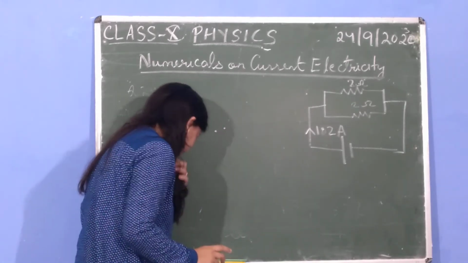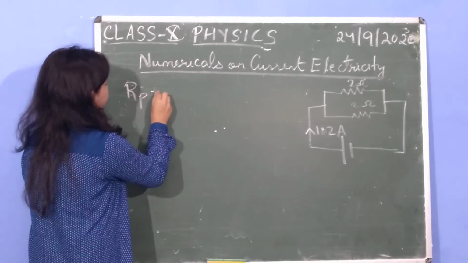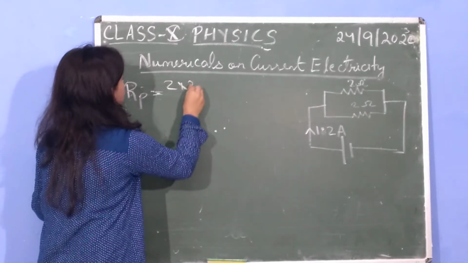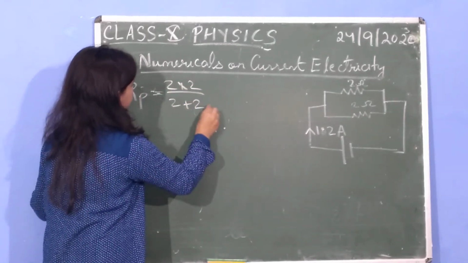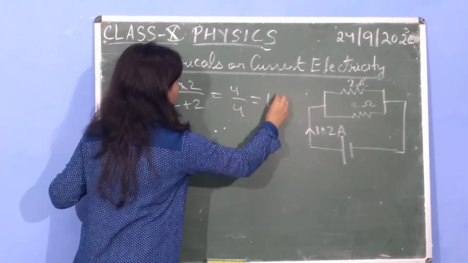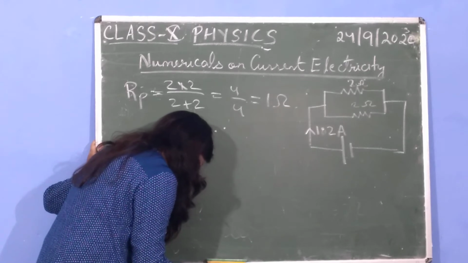Now, first, let us find the value of Rp. Rp is equal to 2 into 2 divided by 2 plus 2. This is the direct formula: 4 by 4 is equal to 1 ohm. So Rp is equal to 1 ohm.